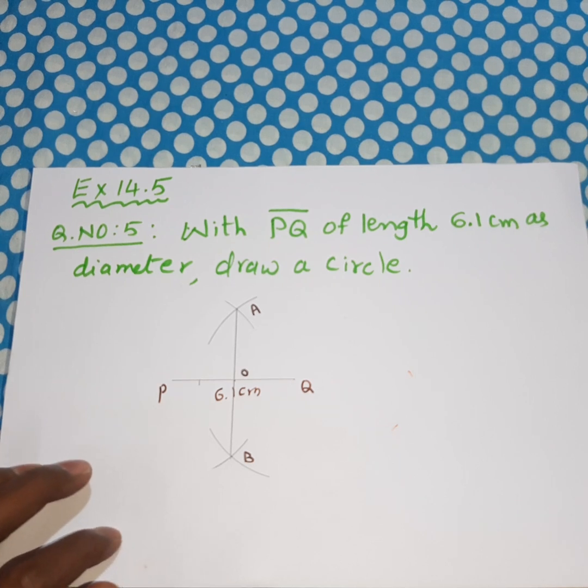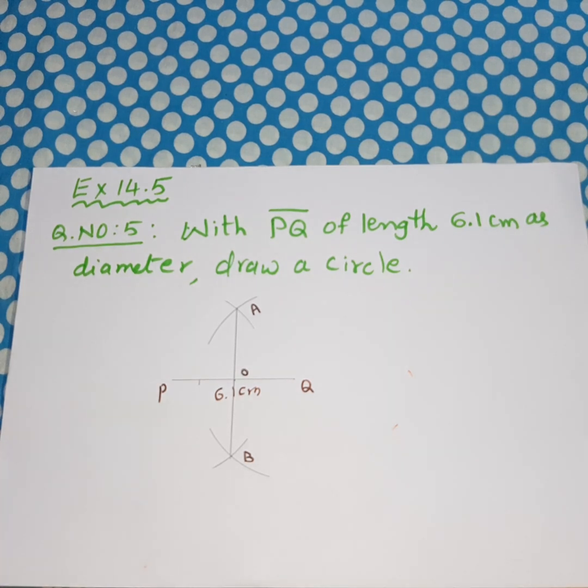Already we know that O is the midpoint of PQ. By taking O as the center, with radius OP or OQ, you can draw a circle.